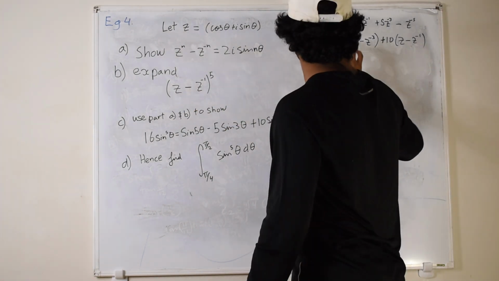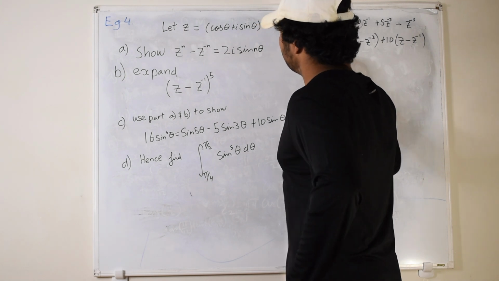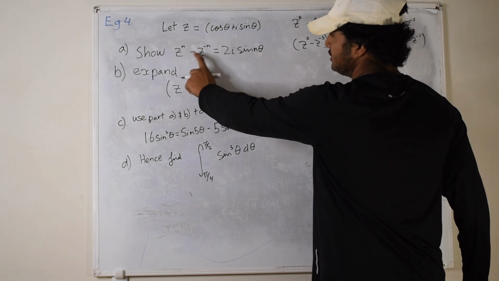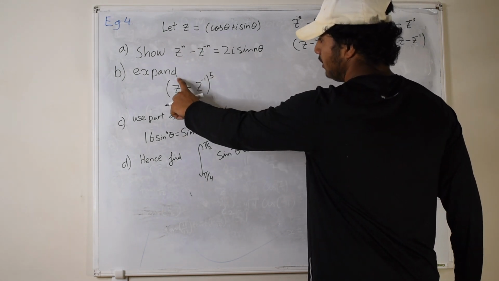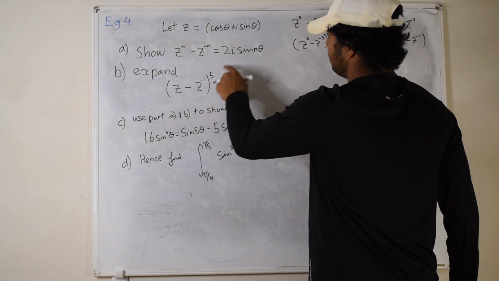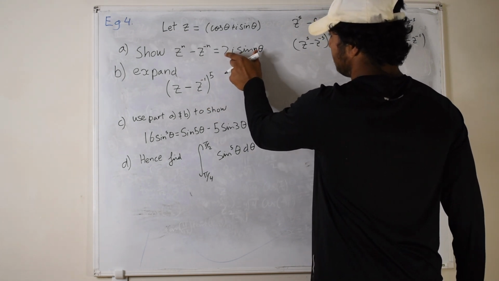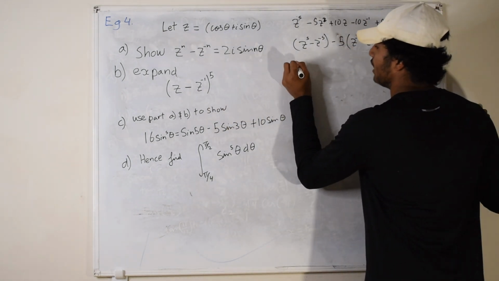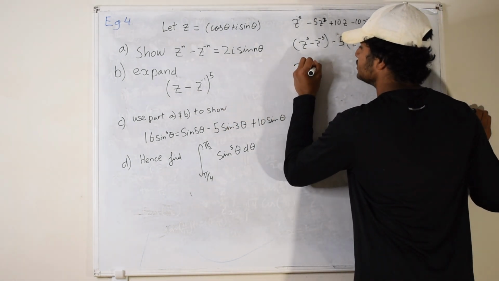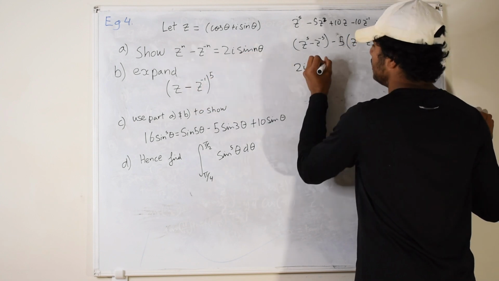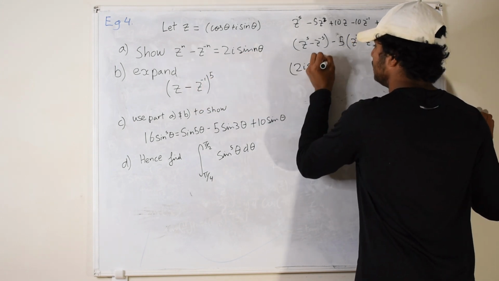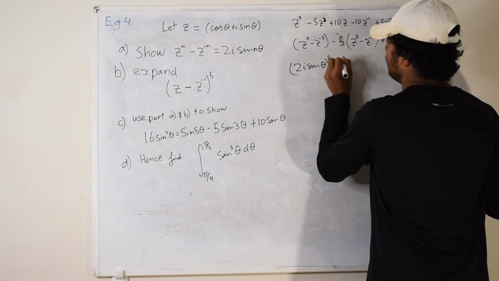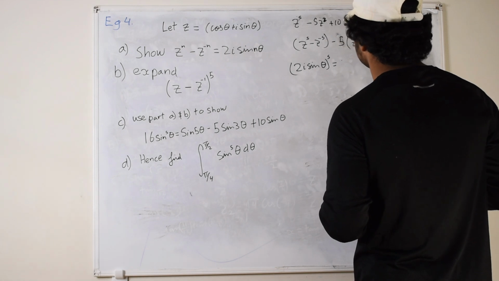So this equals that. But if we come back to this over here, z to the n minus z to the negative n, so z to the 1 minus z to the negative 1, to the power of 5 equals this. So I can sub this down here. So let's rewrite that. We have 2i sine, but n in this case is just 1, theta to the power of 5 equals that.